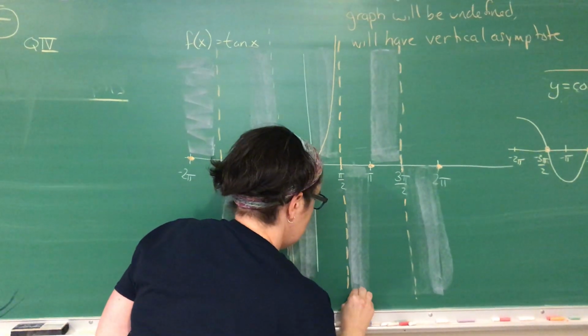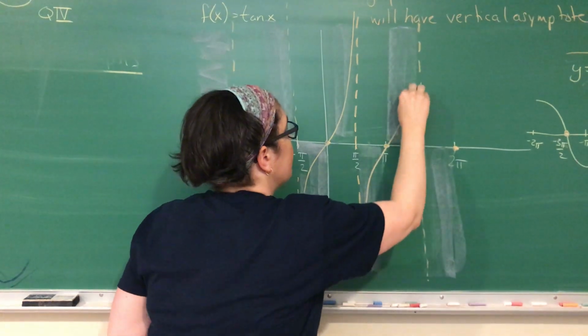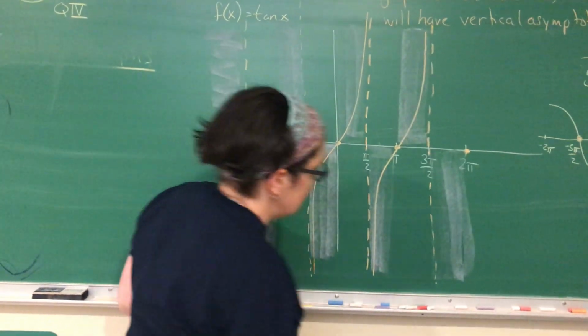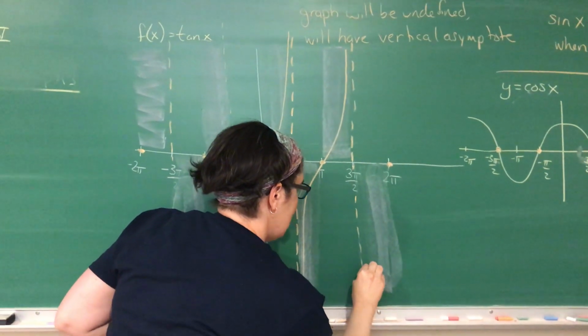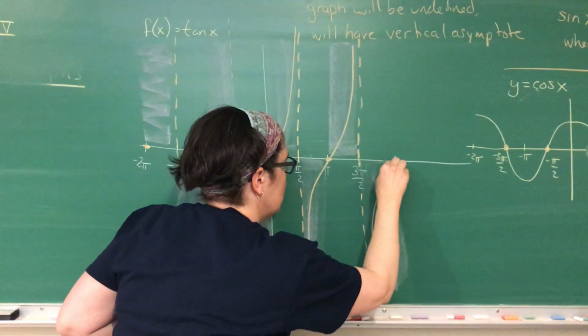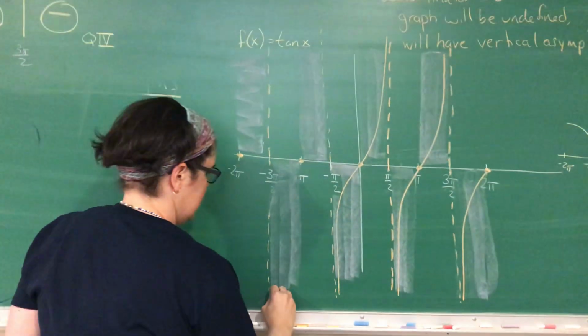I'm going to do the same thing with the next section. And then on the last one, we'll start low here and pop up. Now we're going to stop at an x value of 2 pi. You could keep going, but we'll just stop there. And I can do the same thing on the left side.